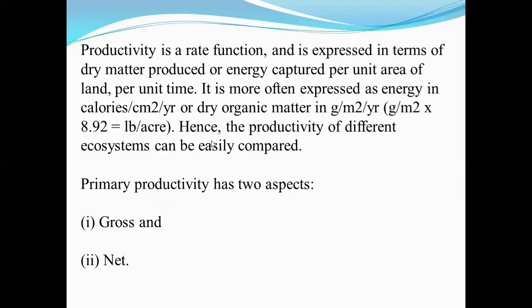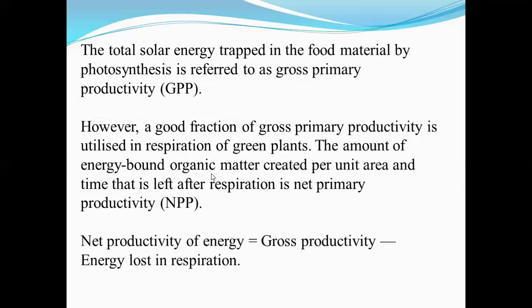This primary productivity is understood in two aspects, gross and net. So we have two kinds of productivity, primary and secondary, and primary productivity also has two aspects, gross and net. The total solar energy trapped in the food material by photosynthesis is referred to as gross primary productivity.